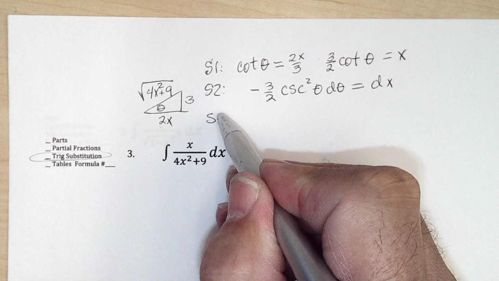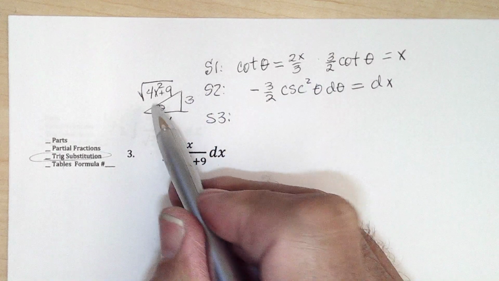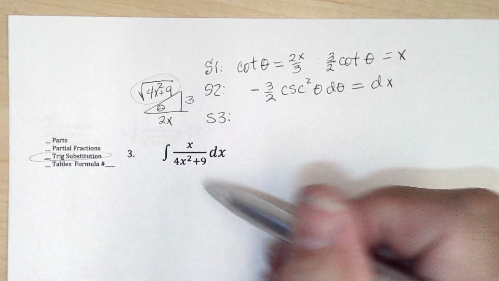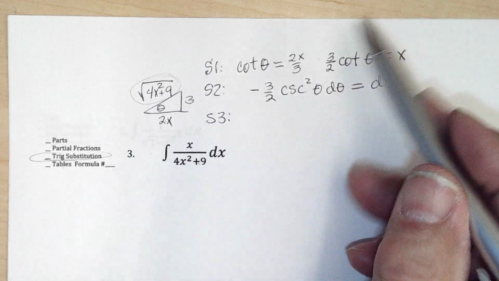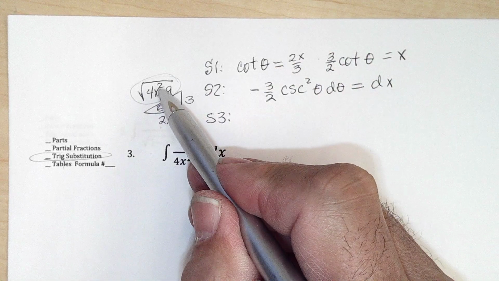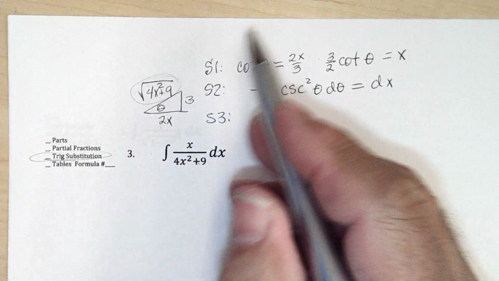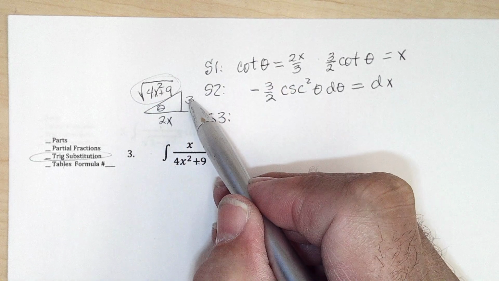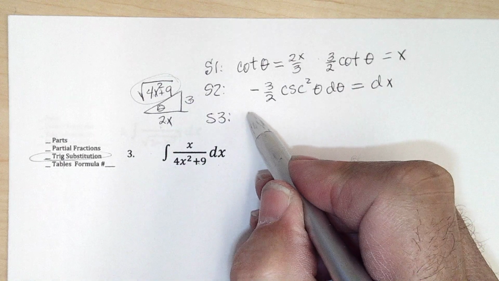And step 3, we want an expression for this, so that we have something for that. So I'm going to use this with the 3, so that's hypotenuse over opposite, which is the reciprocal of sine.